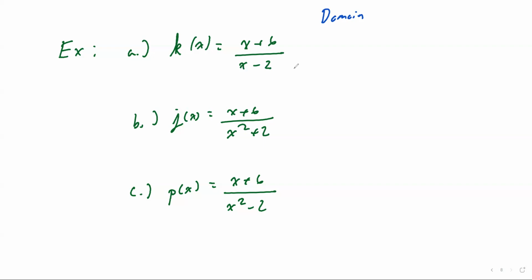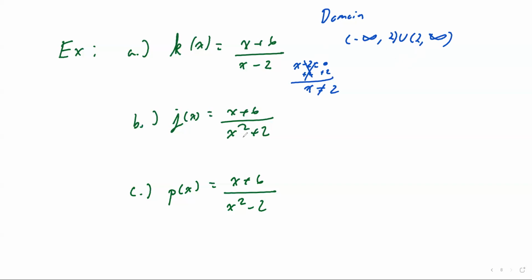So all we're going to do here is take x minus 2, set it equal to 0, and figure out what x can't be. So we'll add 2 to both sides, and we see x cannot be 2. So to write the domain out in interval notation, you would write negative infinity to 2, parentheses, union 2 to infinity, indicating it's every single number except 2.